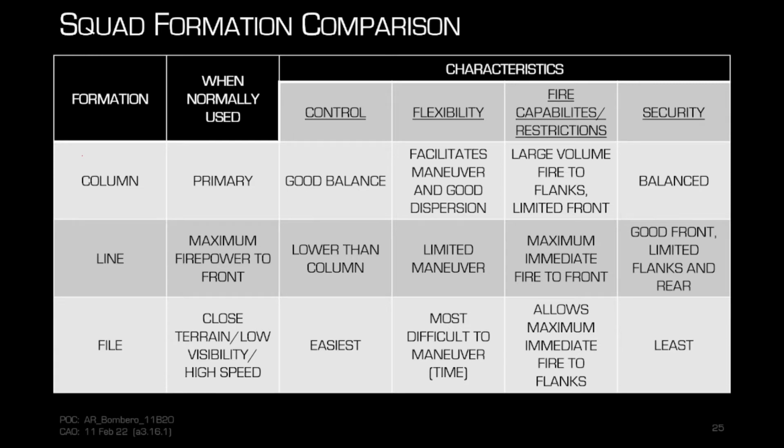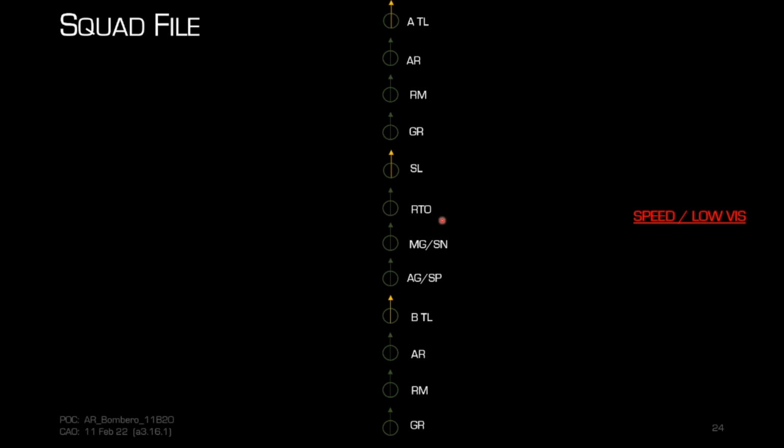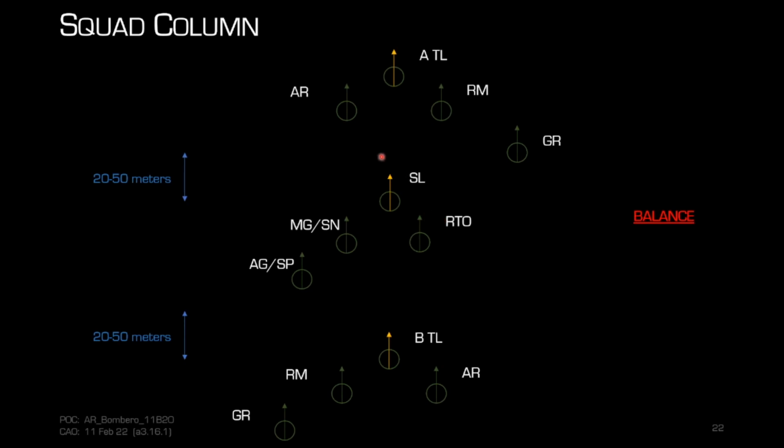So here again we have just a quick formation comparison. If you're watching on YouTube, you can pause it here and check this out at your leisure. But column, again, is the primary formation, kind of the default formation, good balance, facilitates good maneuver and good dispersion.